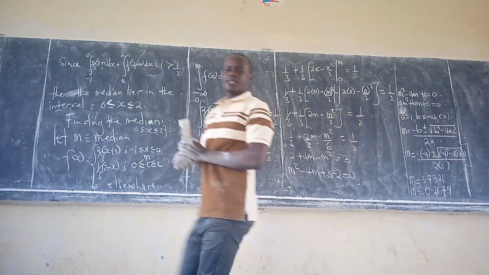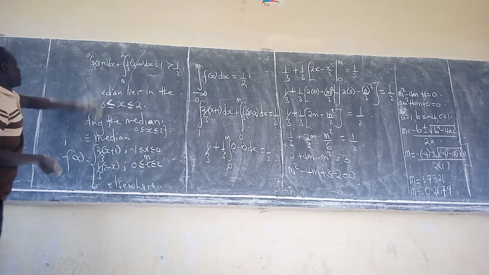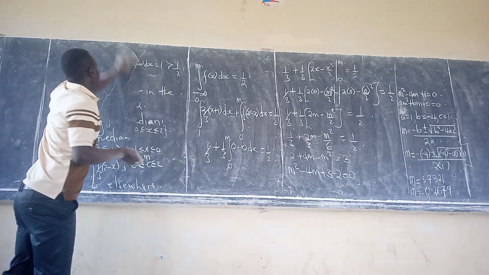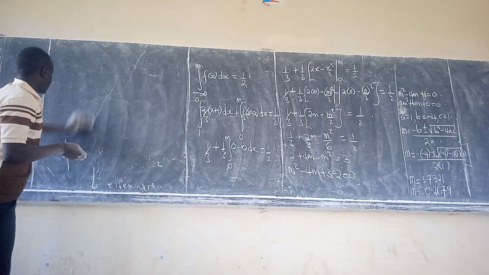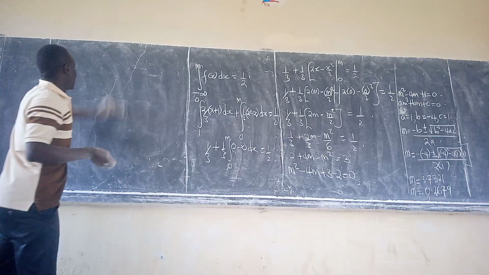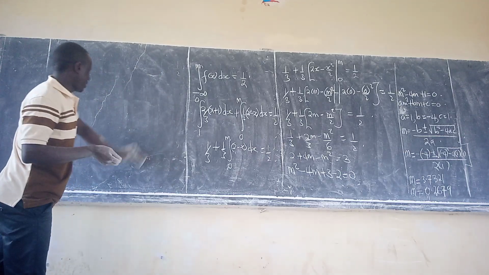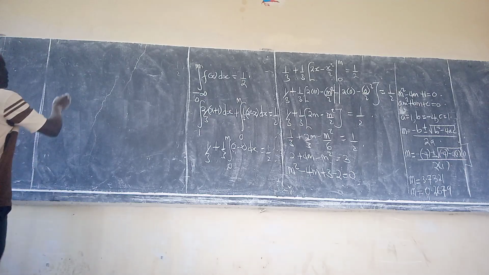So after getting the two values of m, which are now the candidate values of the median, remember the median must be that value of m that lies within the range of values of x in which the PDF is defined.